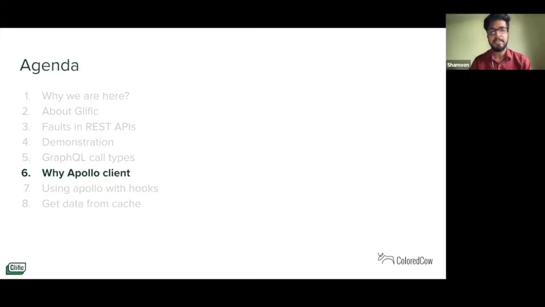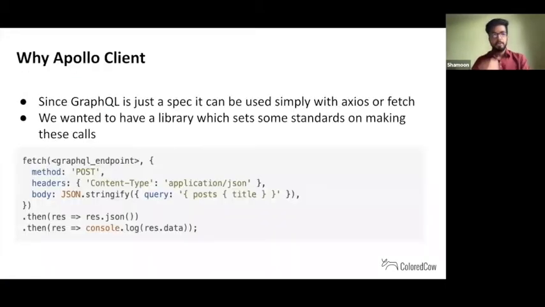Okay. So next, we have this GraphQL, this new type of spec. Over that, we have a client library called Apollo Client, which helps us make our calls with GraphQL much easier. And there are many more benefits with that, so we'll have a look. Since GraphQL is just a spec, it can be used simply with Axios or Fetch also.